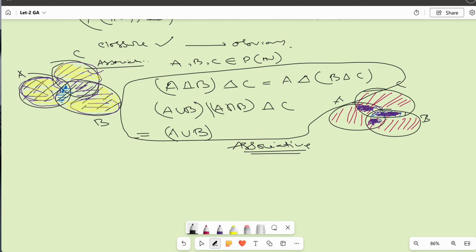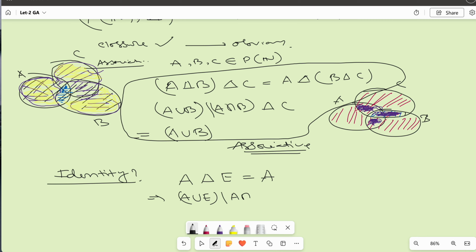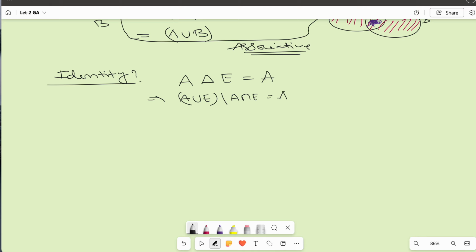So what is the identity? What is the identity for them? For symmetric difference, let us suppose E is the identity. A symmetric difference E is actually A. What does it mean? A union E minus A intersection E is actually A. What is the possible choice of E?